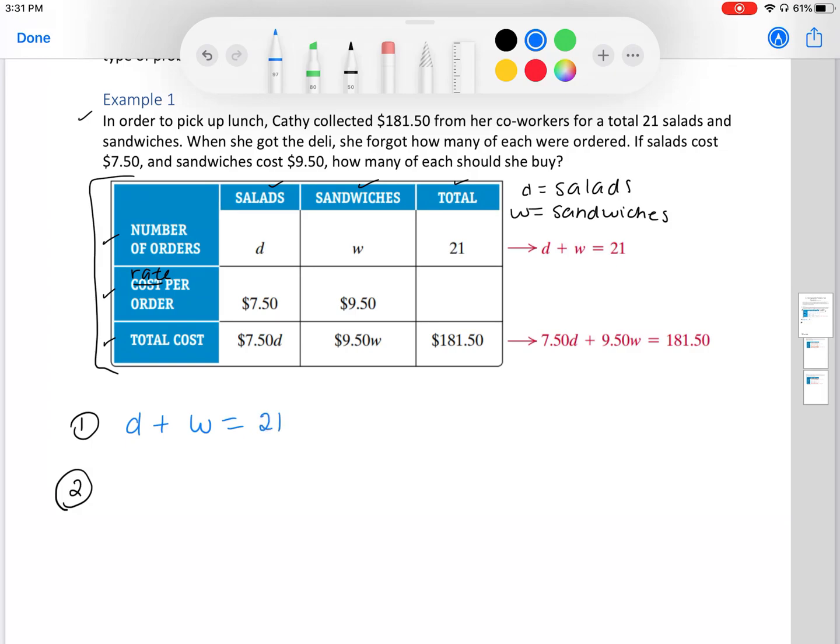A total of 21. Now we have the one that talks about money. We said that $7.50 is the price of a salad plus $9.50 is the cost of a sandwich, and it equals a total of $181.50. The chart is helpful, but I just like to read it a handful of times and start to categorize our information.